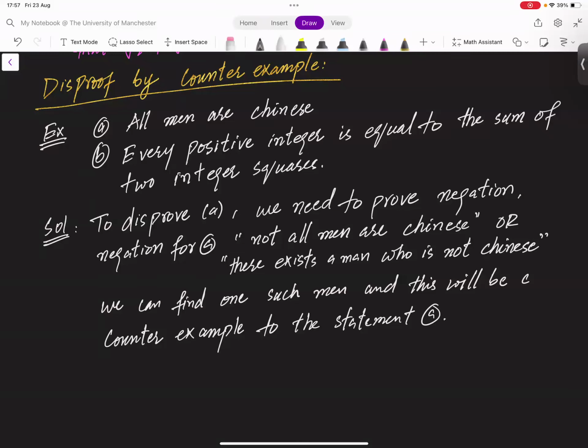So disproof by counterexample is actually saying that you assume the negation of the statement and then produce something related to that negation.